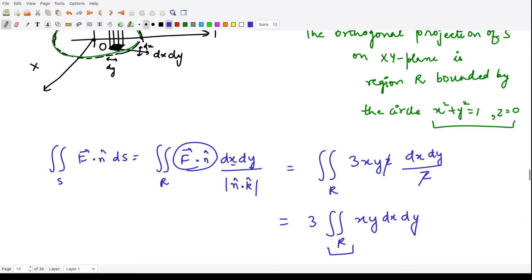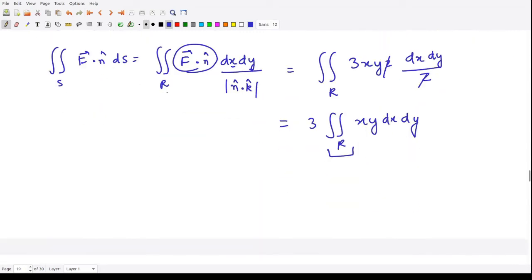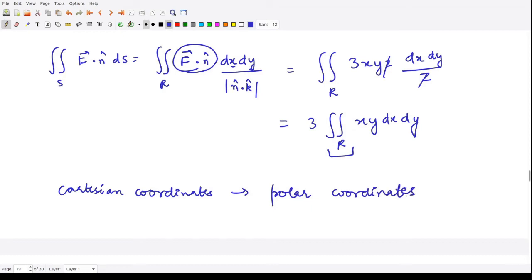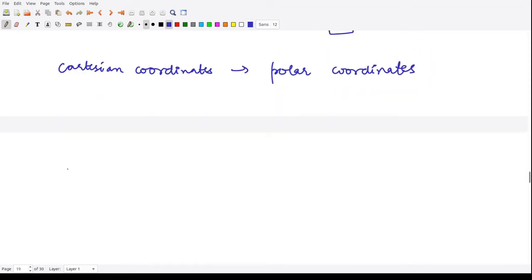The limits here would be for this particular region, for the given sphere. Because we are given a sphere, we can shift from Cartesian coordinates to polar coordinates. Why? Because the calculations would be easier in polar coordinates. Do you know the relationship between them?